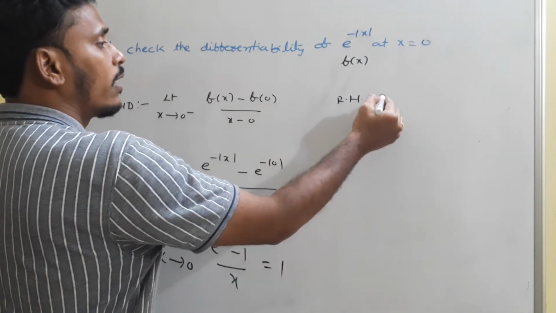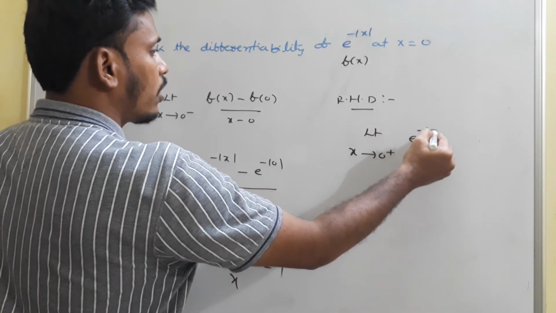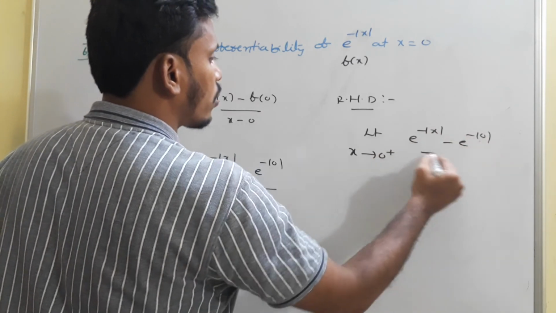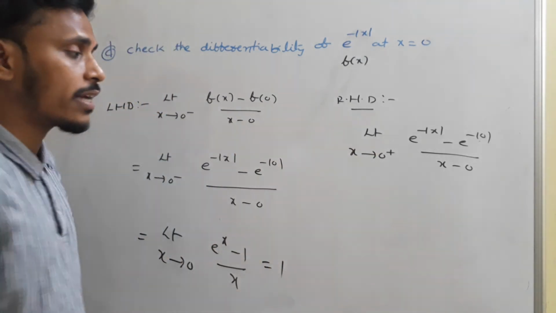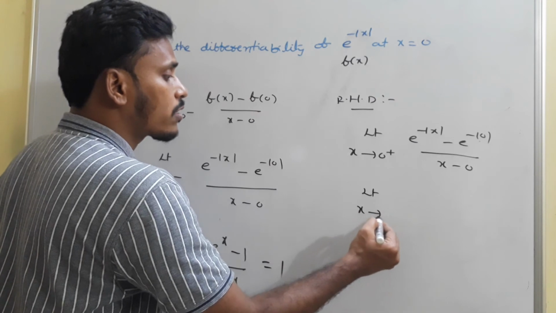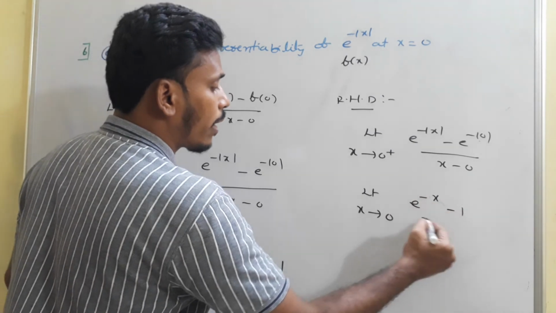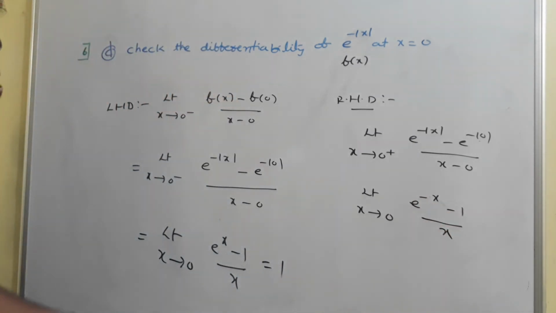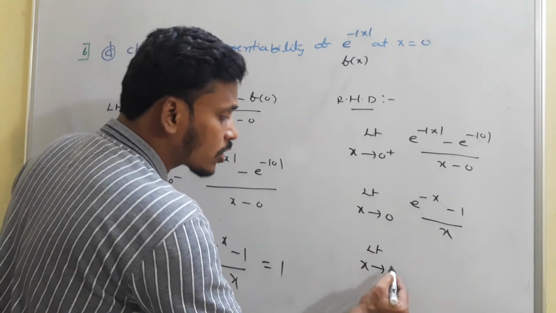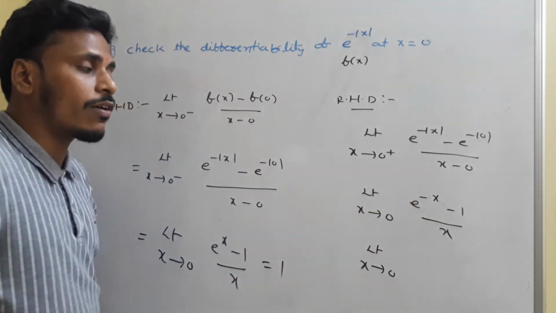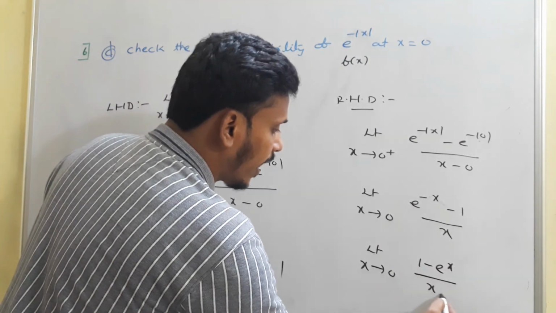If you wish to find the right hand derivative, the limit as x tends to 0 plus of e power minus mod x minus e power minus mod 0 by x minus 0. This time as x is tending to 0 plus, x is more than 0, so modulus of x is x itself. So we get e power minus x minus 1 by x. How to calculate its limit? Rewrite e power minus x as 1 by e power x, giving 1 minus e power x by x e power x.